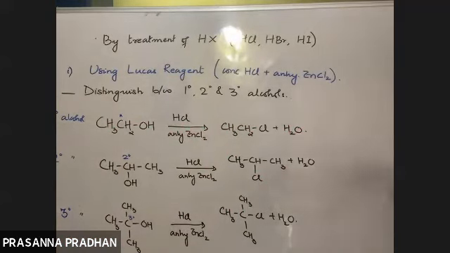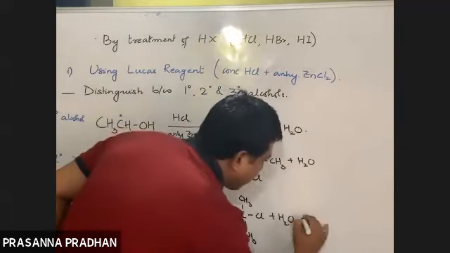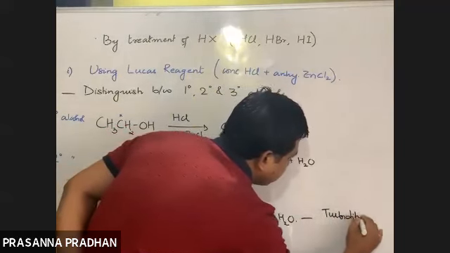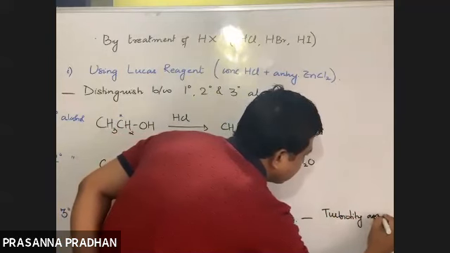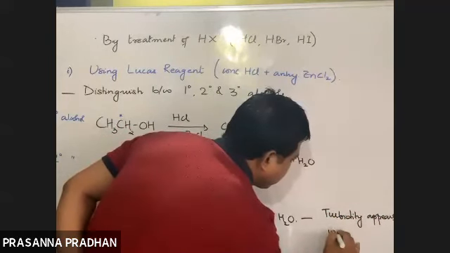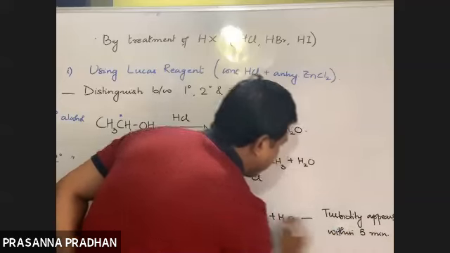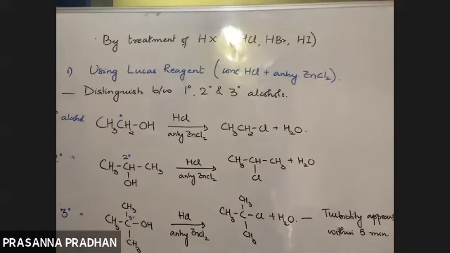In case of 3 degree alcohols, turbidity appears within 5 minutes. That means the reaction of 3 degree alcohols takes place within 5 minutes. During the course of the reaction, the solution becomes turbid.